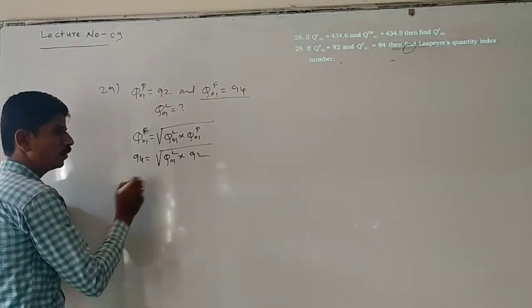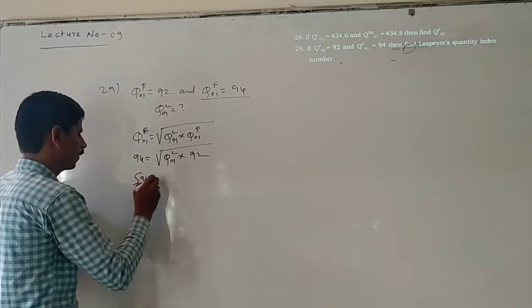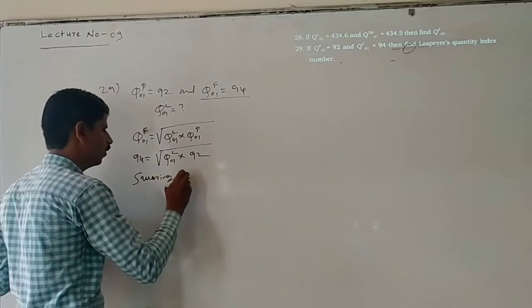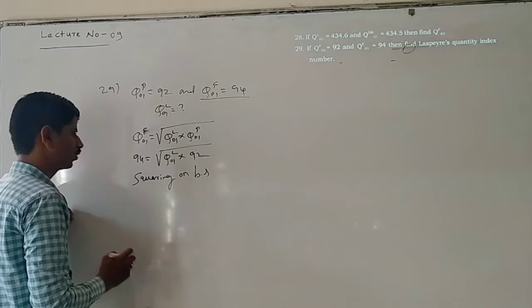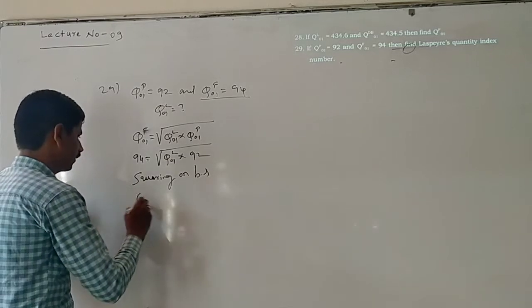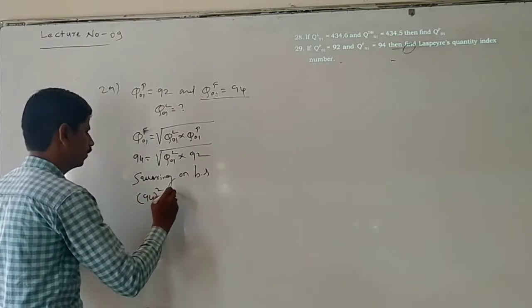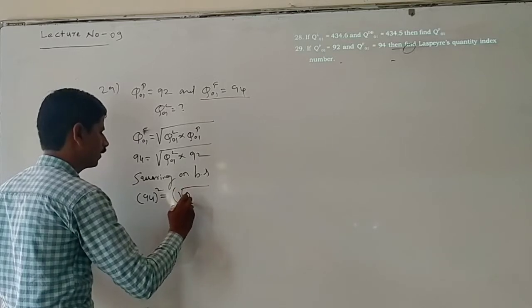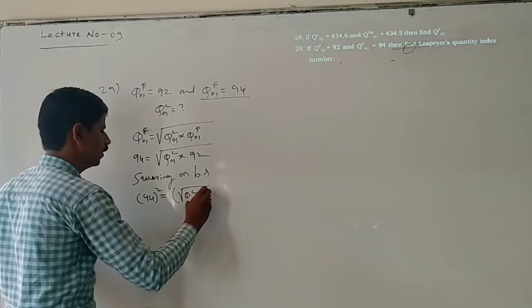Squaring on both the sides, that is 94 square equal to Q01L into 92.